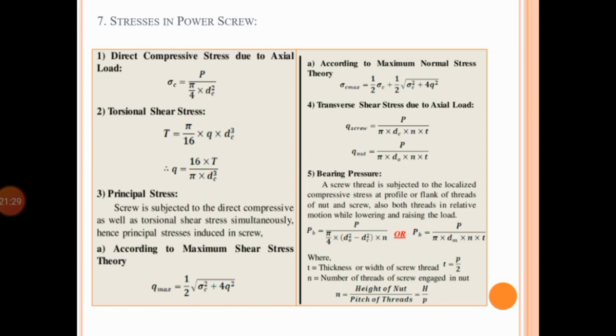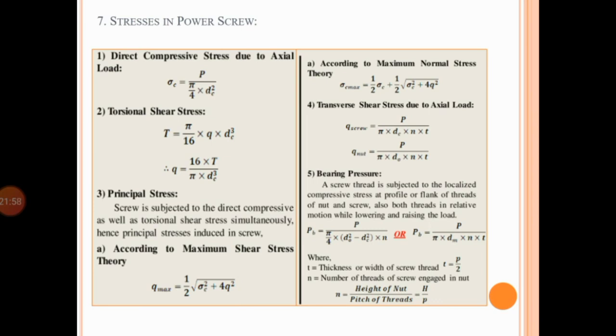And then principal stress comes into the picture. Actually there are many theories invented by many scientists and engineers, basically combination theories like the maximum shear stress theory and maximum normal stress theory. The fourth is the direct shear stress theory, because the weight W, a direct shear load, is acting on the threads of the nut and power screw itself, so it breaks in shearing action, causing shear failure.